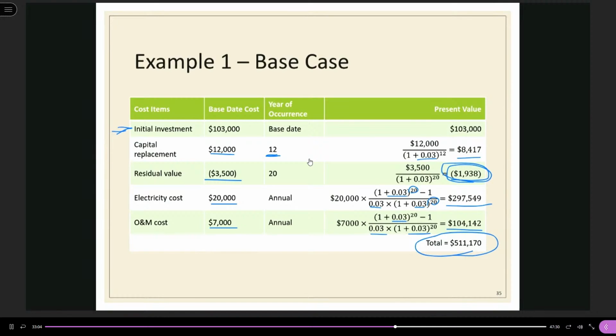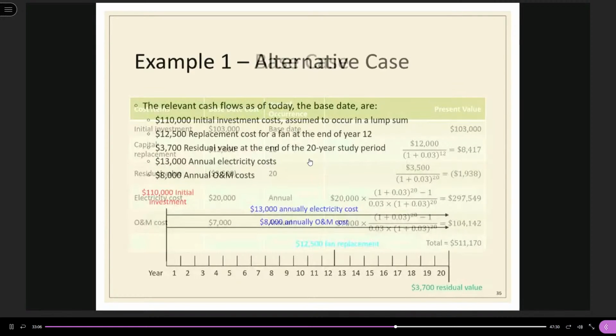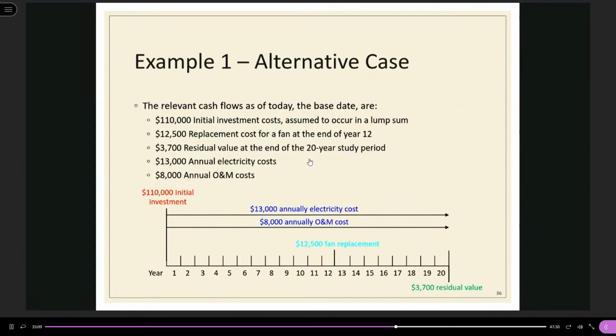So how about the alternative? So these are the relevant cash flows. Okay, so $110,000 initial investment cost, day 1. So you need to pay this amount on day 1, and then for the replacement, also at the end of the 12 years.